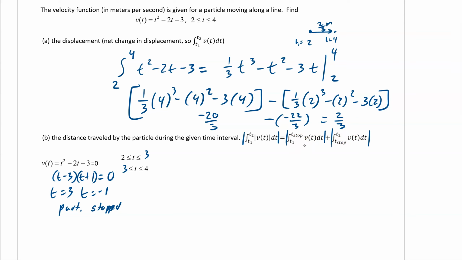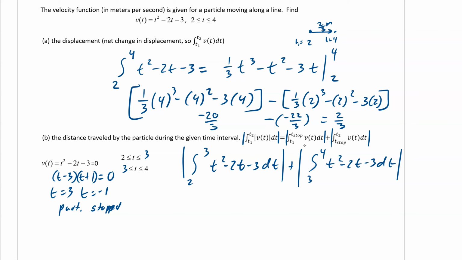So, like this. So we're going to do the integral from 2 to 3 of our function. And then we're going to add it to the integral from 3 to 4. And then we're going to take the absolute value, and then we're going to look at it and see why we have to split this.